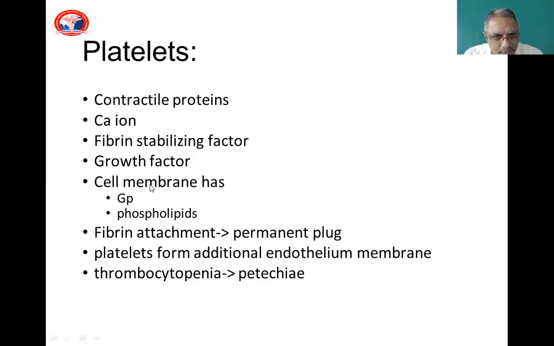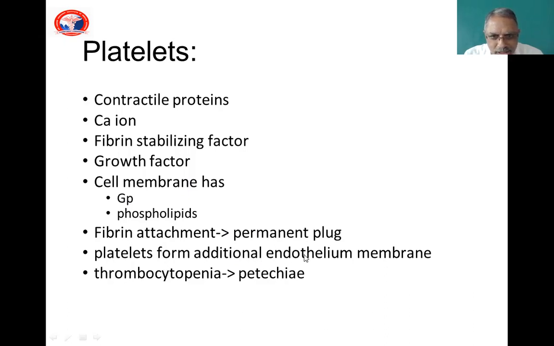The cell membrane of platelets has glycoprotein and phospholipids. Fibrin attachment leads to a permanent hemostatic plug.